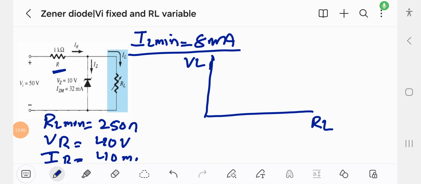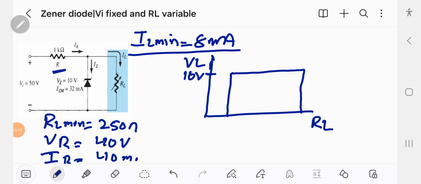Now for fixed 10 volt, what happened? The minimum RL is 250 ohm, and the maximum here is 1.25 kilo ohm.